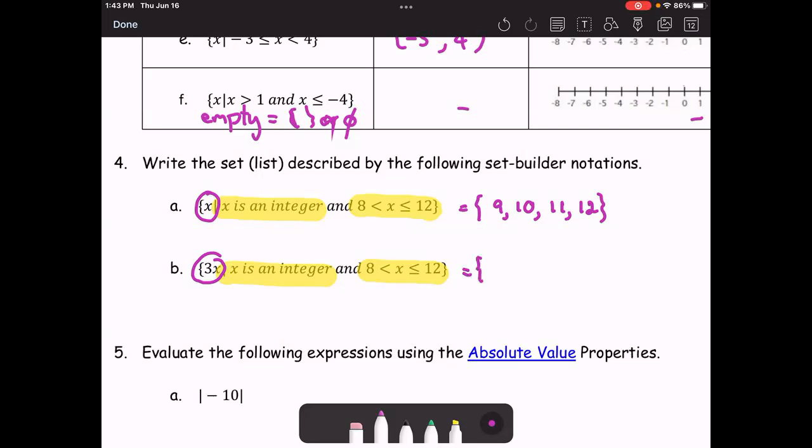Otherwise, we say we're going to make a list of 3 times each member in part A. So 3 times 9, 3 times 10, 3 times 11, 3 times 12. Another way, we say we're going to make a list of 27, 30, 33, and 36 as the list of the members in part B.